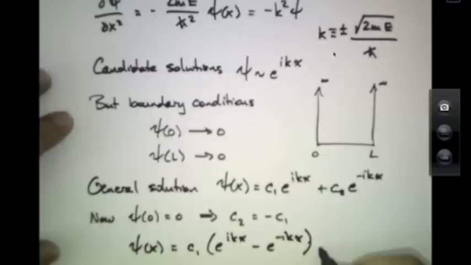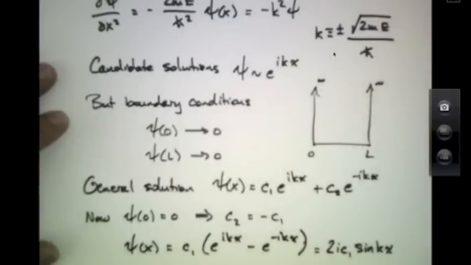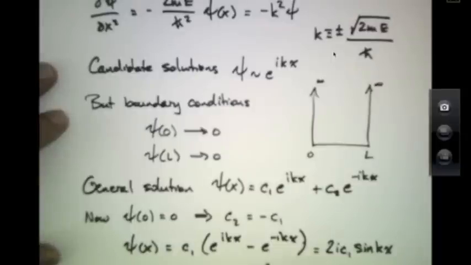Now you may recognize that a difference in two exponentials like that, e to the i kx and e to the minus i kx, will look something like this. So e to the i theta minus e to the minus i theta is 2i times sine of theta.